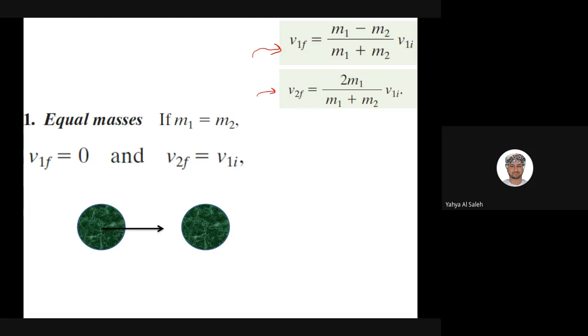My V2F is going to be the same as V1I. And that makes sense because they are the same mass. So if one of them loses its momentum completely and its energy completely, the other one will gain the exact same amount of momentum and exact same amount of kinetic energy. So it would have the exact same velocity. Does this make sense? Yes.